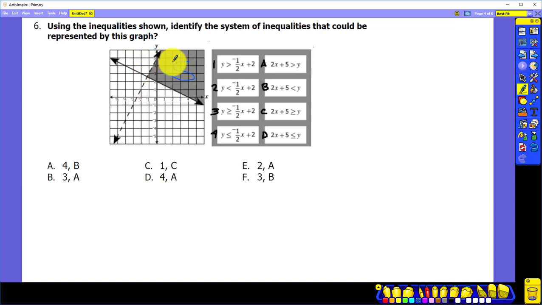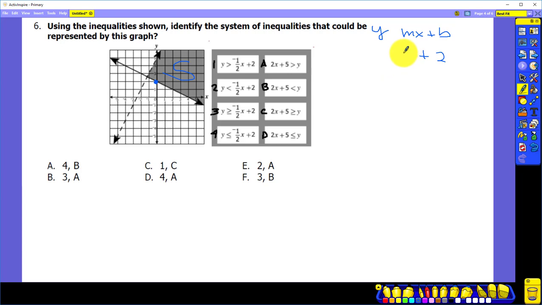So this is the shaded area or the overlap of these two inequalities. I'll start by finding the equation for this line. Note that my y-intercept is located here, so that will be my +2. I'm going to write my answer as y = mx + b. So this is my y-intercept for this solid line.